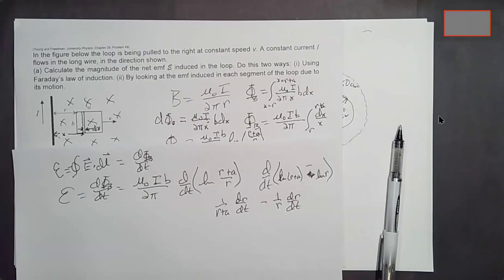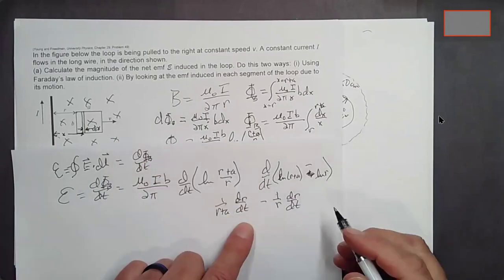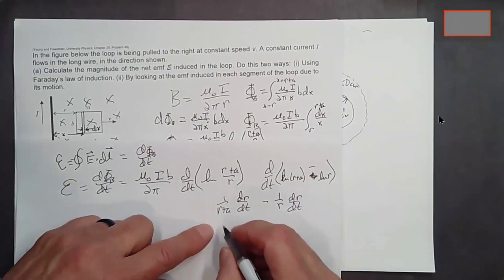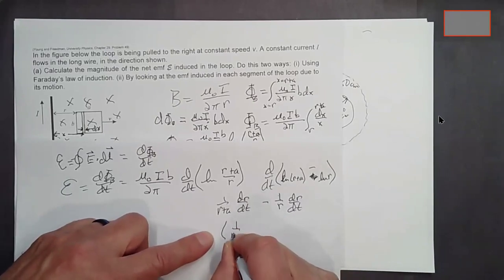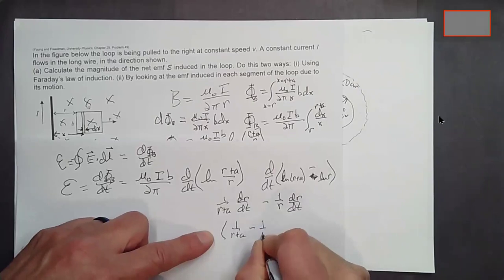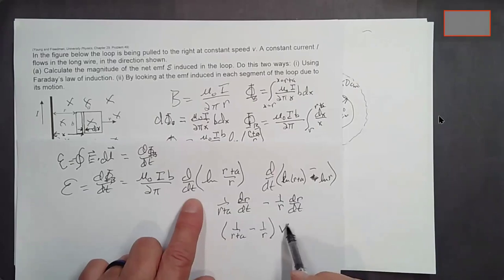Derivatives. Yeah. I think I'm right. And I know what dr dt is. It's v. So this all ends up being, everything's more complicated today, 1 over r plus a minus 1 over r times v is what all of this time derivative stuff is.